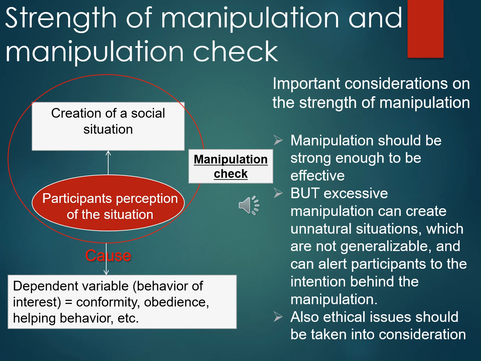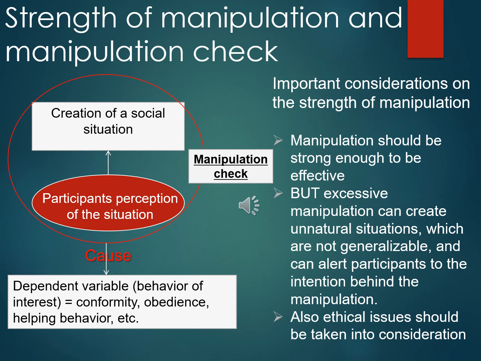Another issue you need to think about, especially when you are conducting a social psychology experiment with staged manipulation, is this. You create the social situation by doing some sort of staged manipulation, but that doesn't mean participants actually perceive the desired social situation that you created.